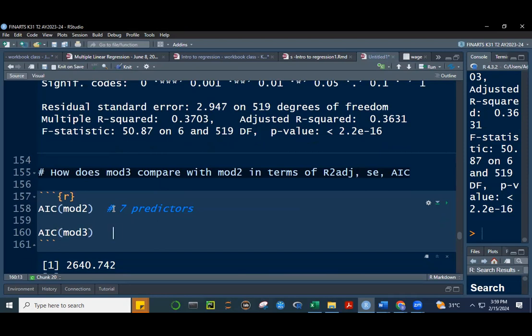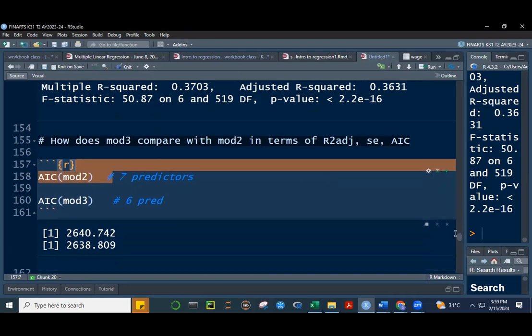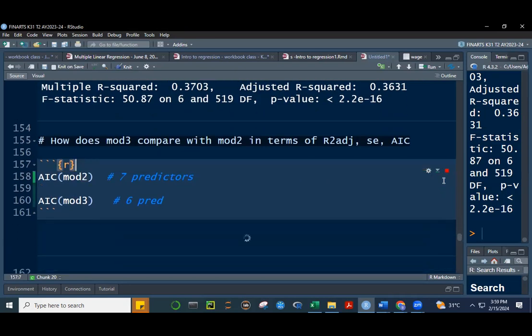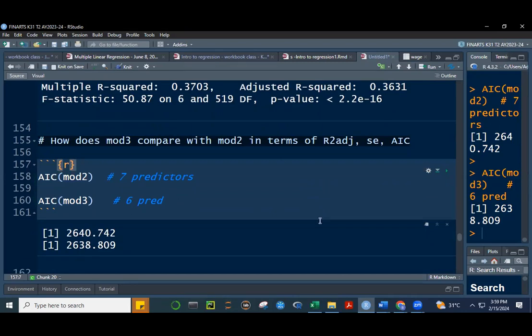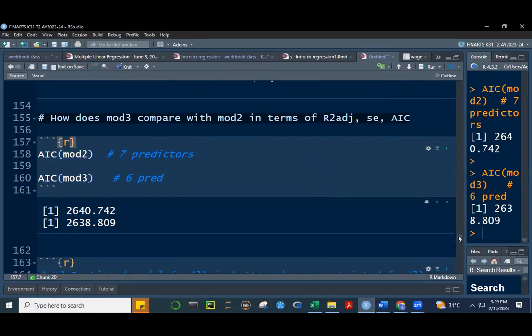Nabawasan. Okay, and if we run this, class, turns out mas maganda pa rin si model number 3, yung 6 predictors lang.